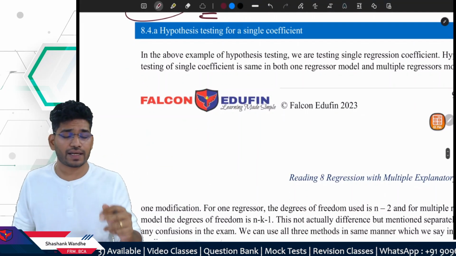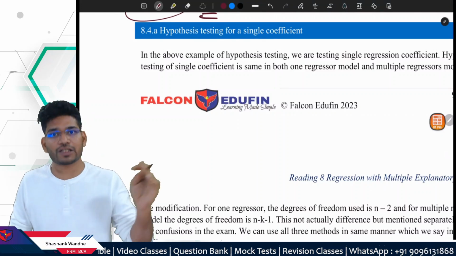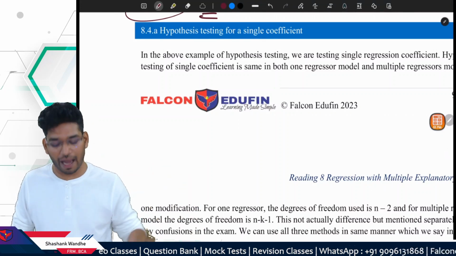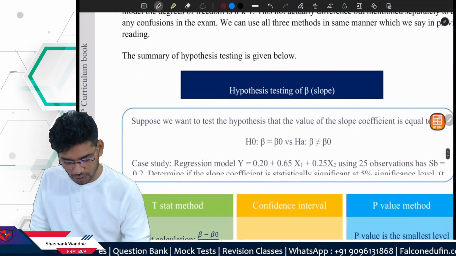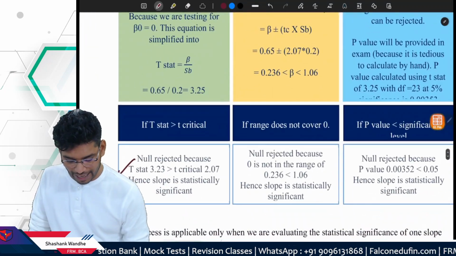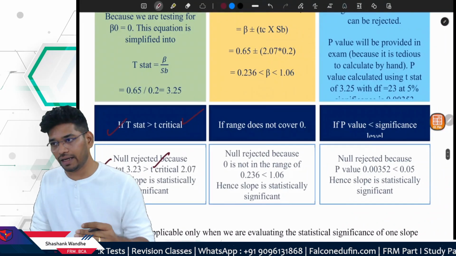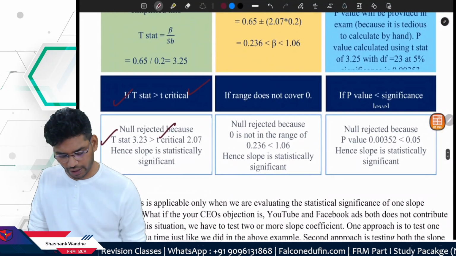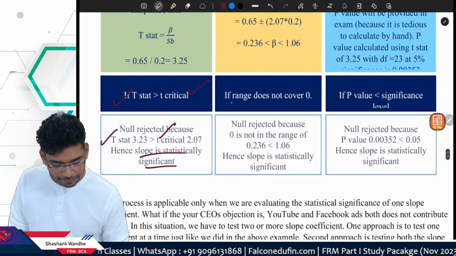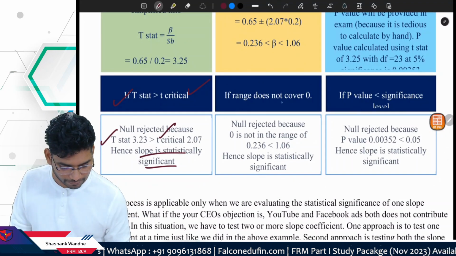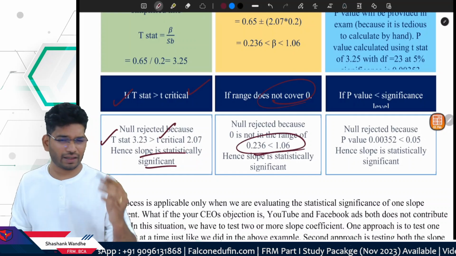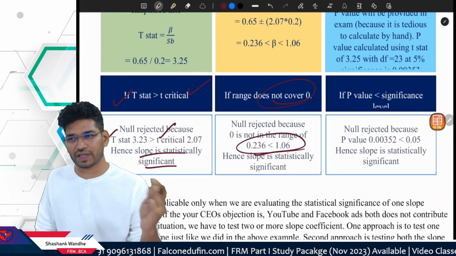This is what you need to remember when we are doing joint hypothesis testing. Joint hypothesis testing is done for multiple explanatory variables, slope coefficient hypothesis testing. Here again the rules are exactly the same. If T stat is greater than T critical, reject the null, and your model is okay, fine. Slopes are statistically significant. Then we have the confidence interval method, not very much tested in the examination.